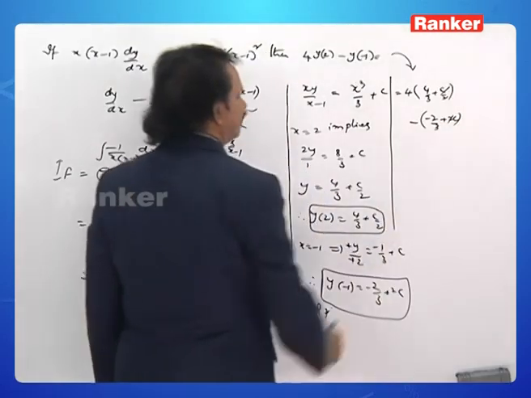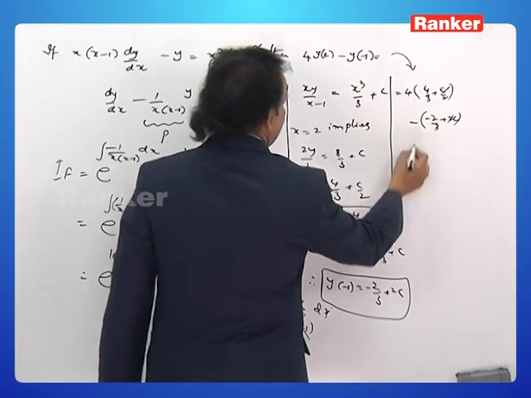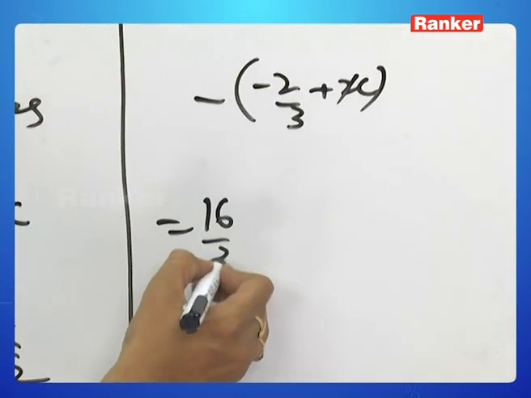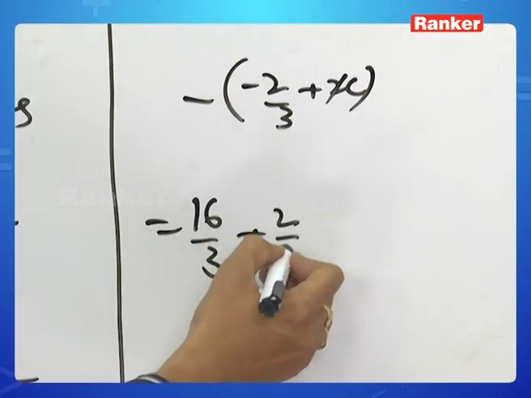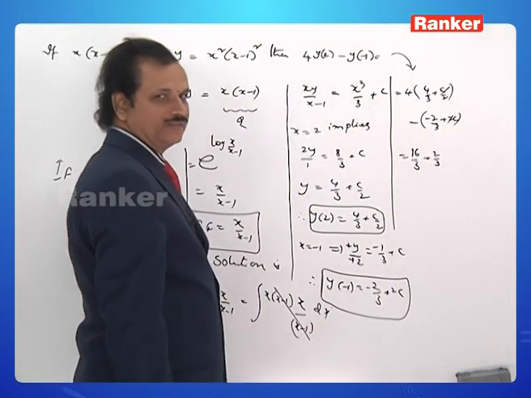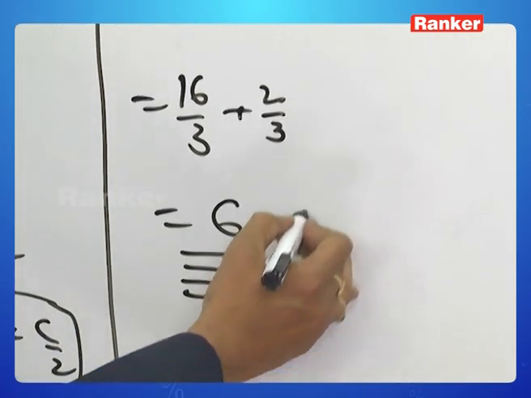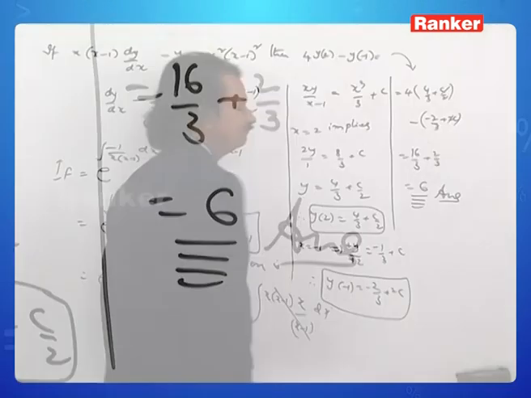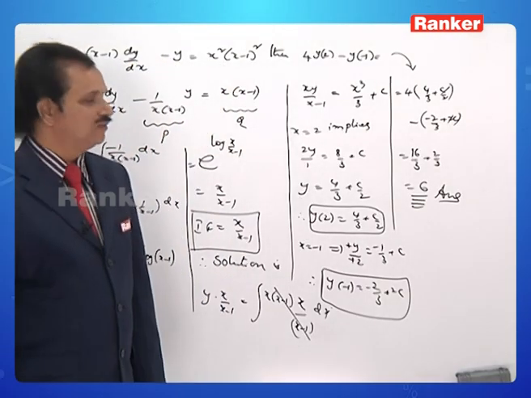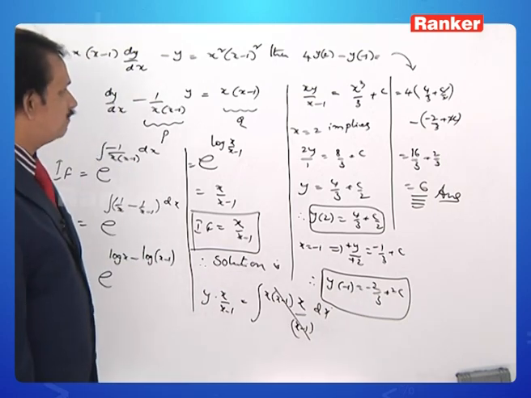The 2c and 2c cancel, leaving 16/3 and 2/3, altogether 18/3, which is nothing but 6.